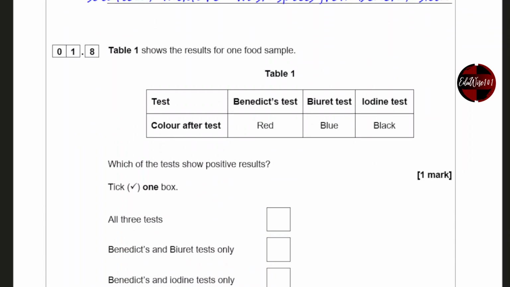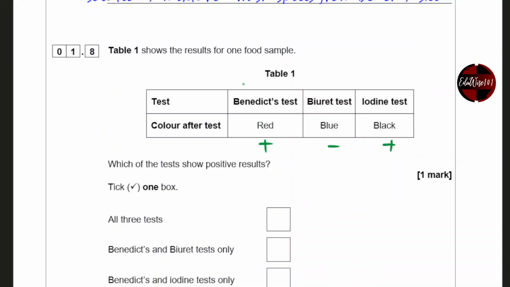Table 1 shows the results for one food sample. Color after test. Benedict's solution is red. Biuret solution is blue. Iodine solution, it's black. So that means if it's turning black, that's a positive result. That's a negative result. That is also a positive result.